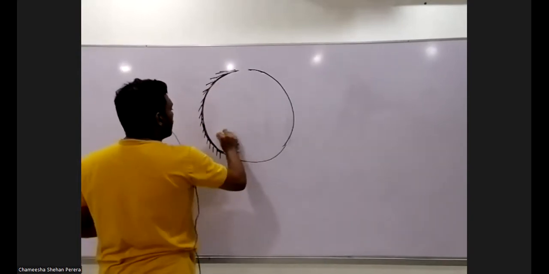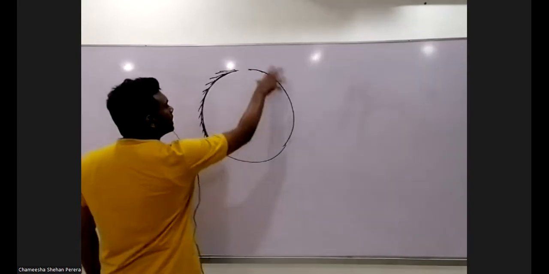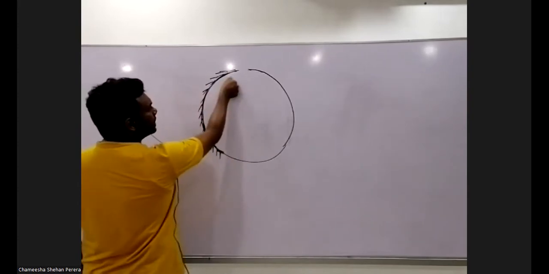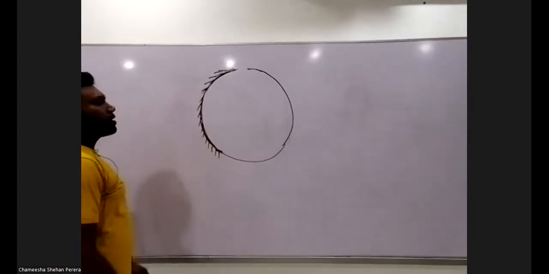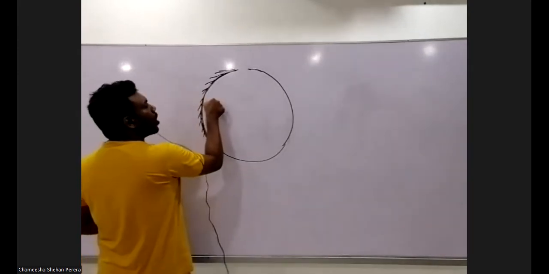That's what happens when I take a glass sphere and apply mercury on this side. The opposite side, this side, becomes smooth, shiny, and reflective. So you can see that I have made a concave mirror.